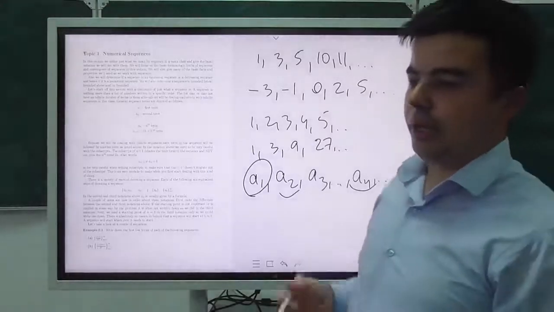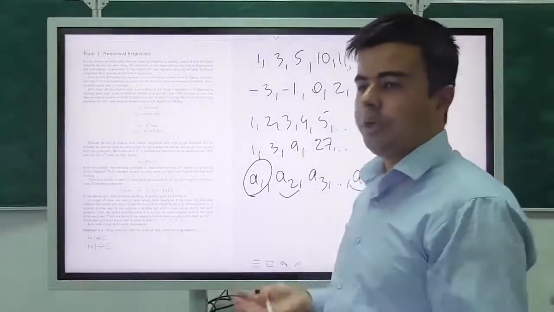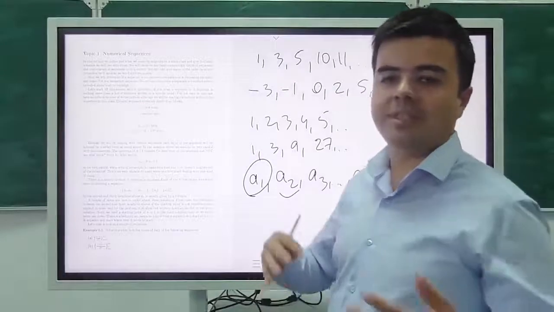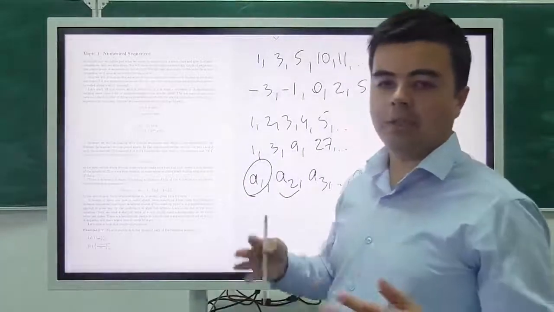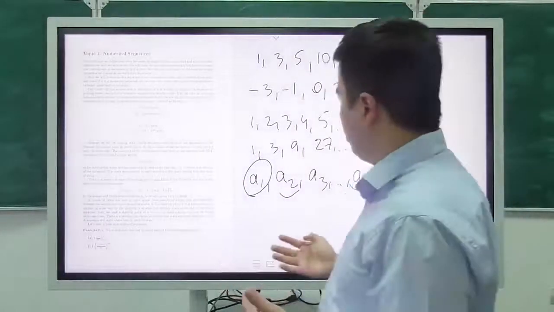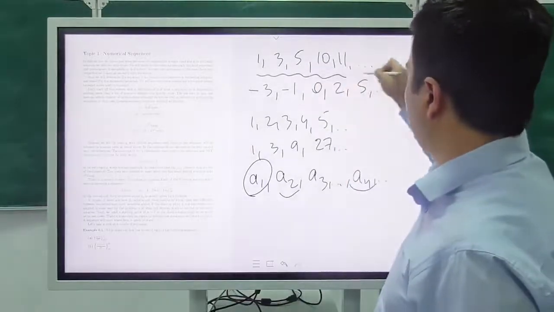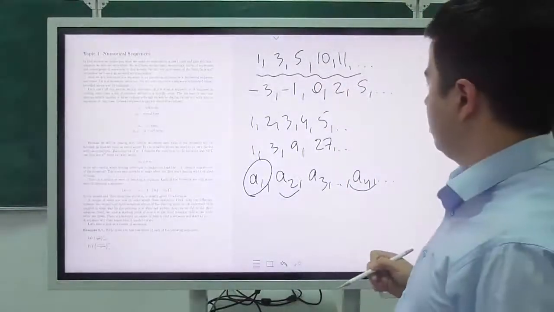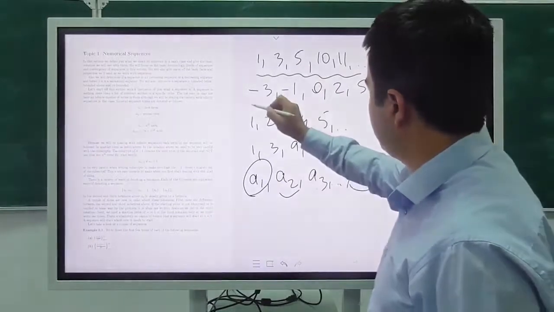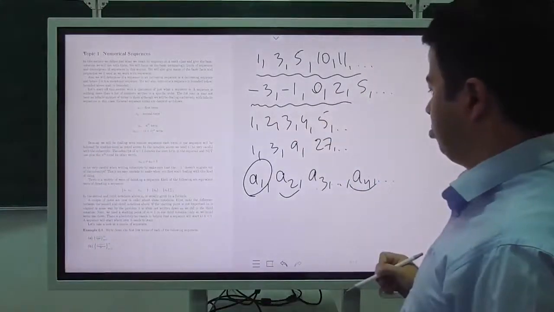A sequence can be increasing or decreasing. If it is increasing or decreasing, we call it a monotonic sequence. So here we have an increasing sequence, and in this case also we have an increasing sequence.